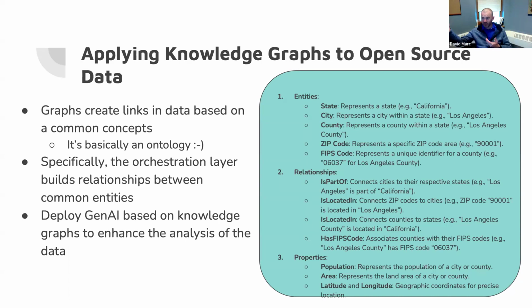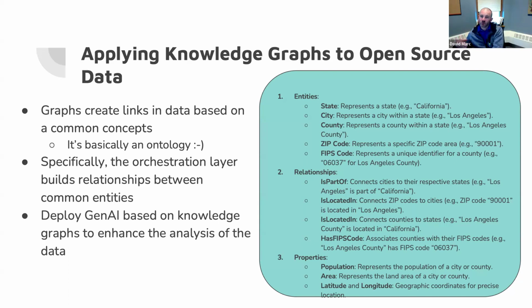Well, California might have a connection to a different city, or California as a state could be represented by FIPS codes, different codes that represent geography. There's a relationship between those different entities in different ways. Los Angeles is part of California. The zip code of 90001 is located in Los Angeles.